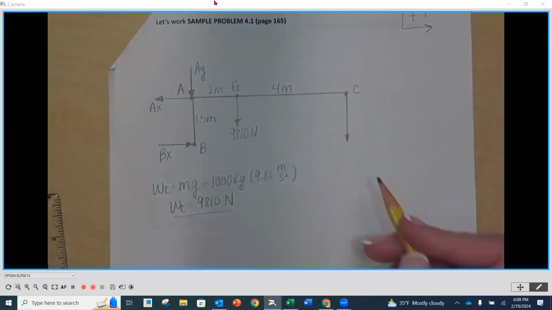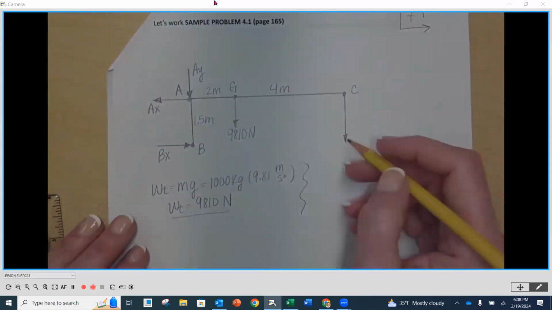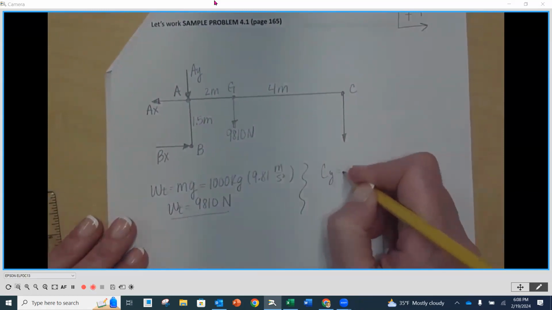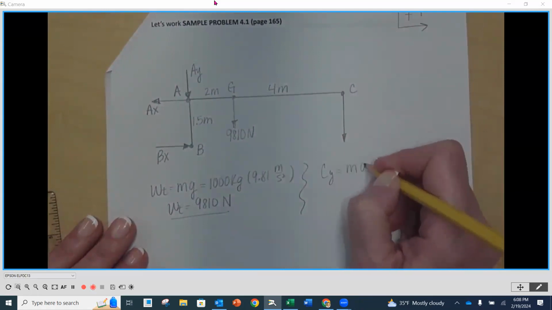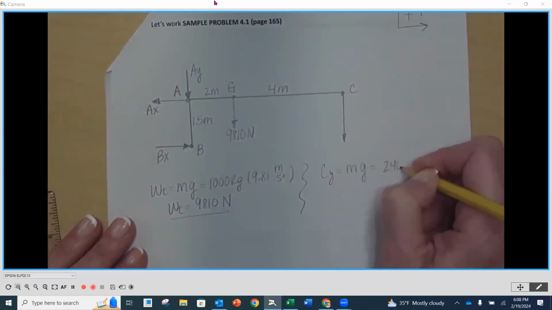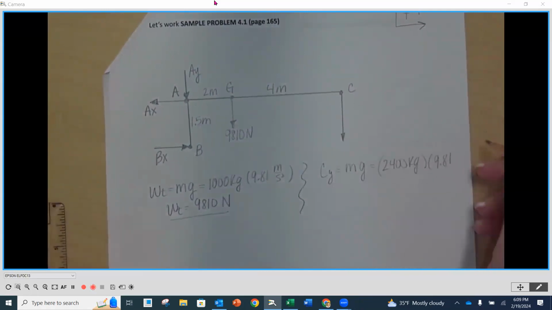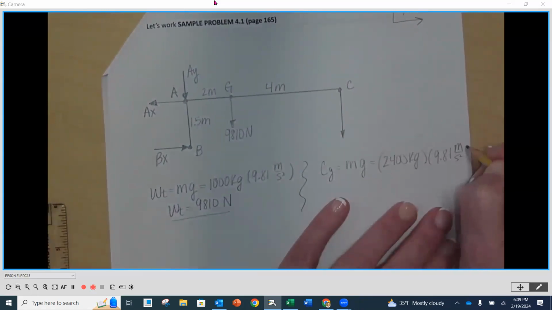And then, what do we want to call C? We'll call it CY, maybe. It's going to also be its mass times gravity, which is 2,400 kilograms times 9.81 meters per second squared.